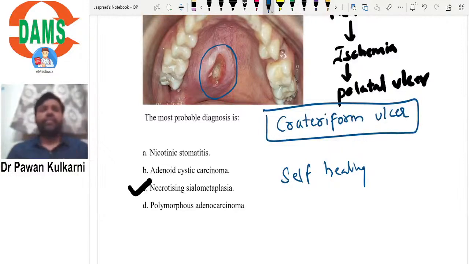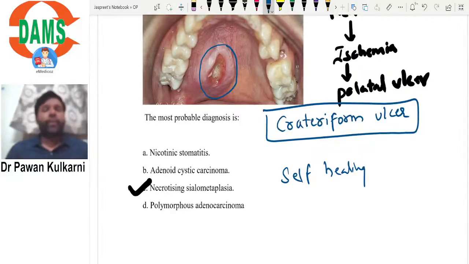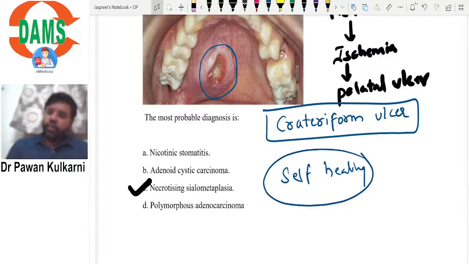No treatment is required for this. And as it clinically mimics carcinoma, it looks like carcinoma, but no prompt treatment is required. No specific treatment for this.